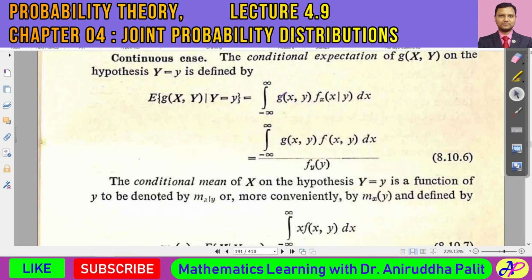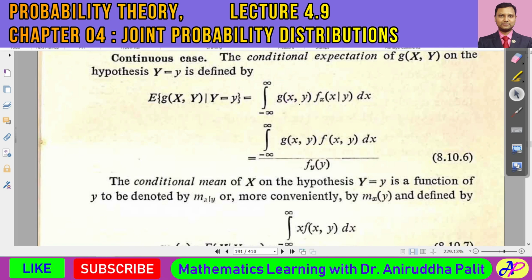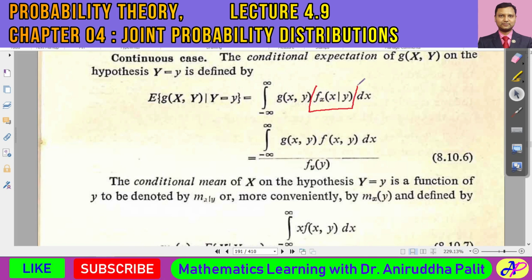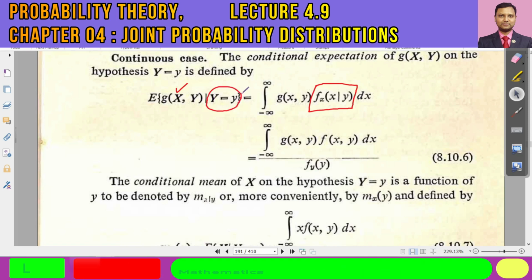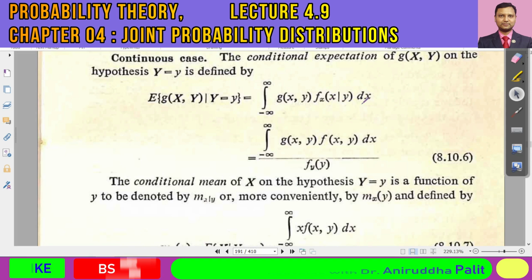Of course, we shall obtain integration with respect to x, from minus infinity to infinity, of x times the conditional density function of x given y is equal to small y. All right, and this is designated by f suffix x within bracket x given y.